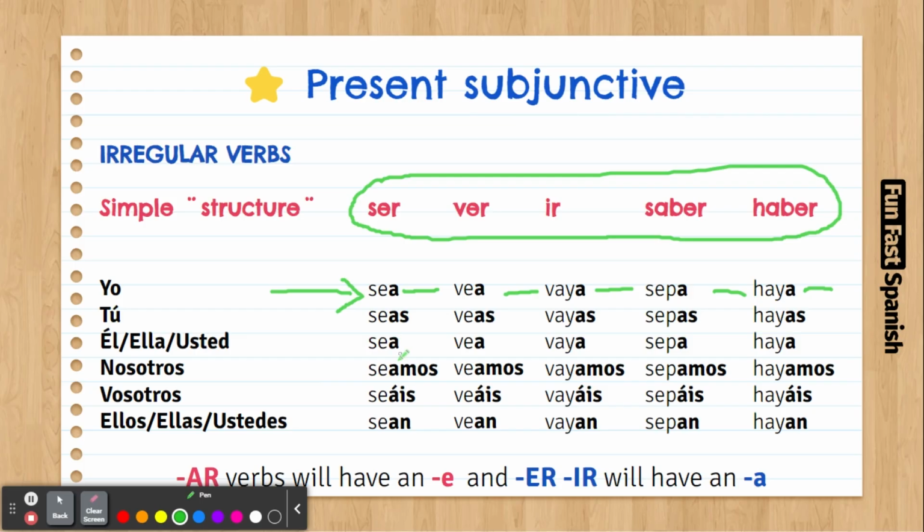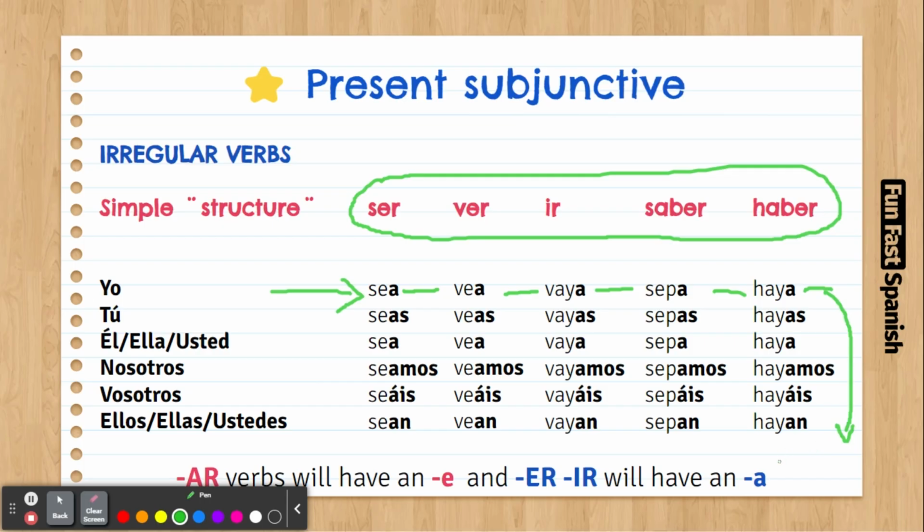Sea, seas, sea, seamos, seáis, sean, vea, veas, vea, veamos, veáis, vean, vaya, vayas, vaya, vayamos, vayáis, vayan. So the endings are exactly the same. So you just have to learn the first conjugation, and then find the ending for every single person. That will be it.